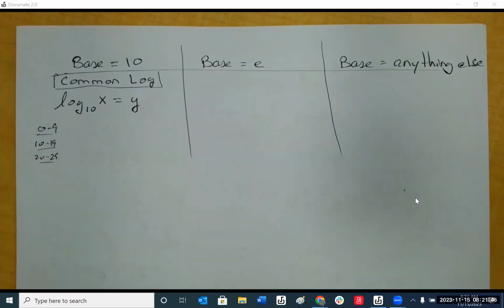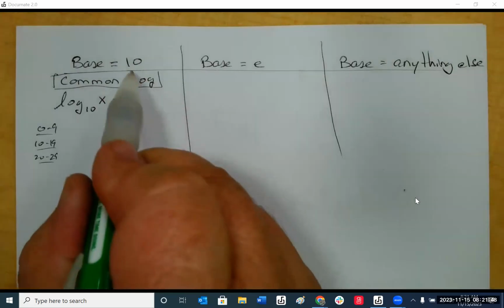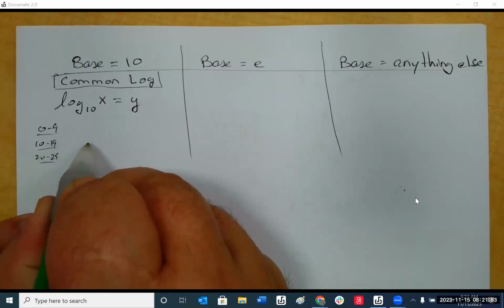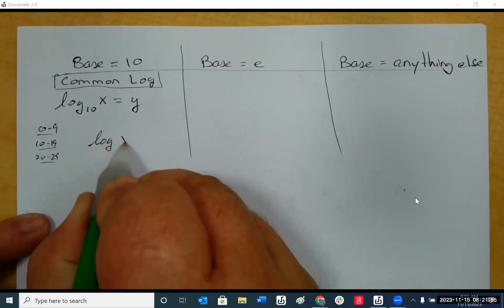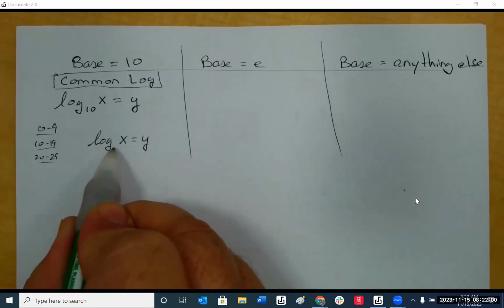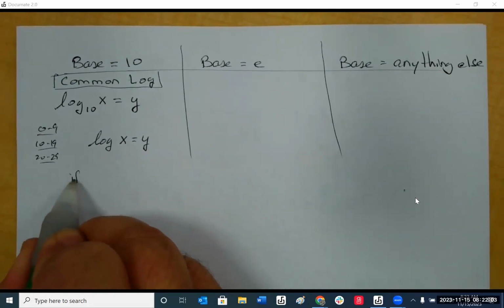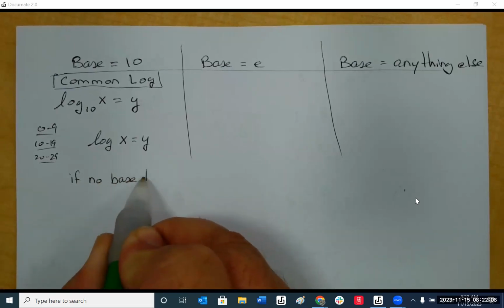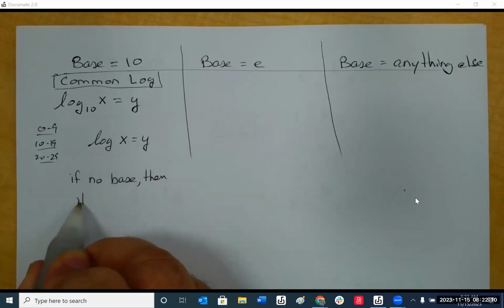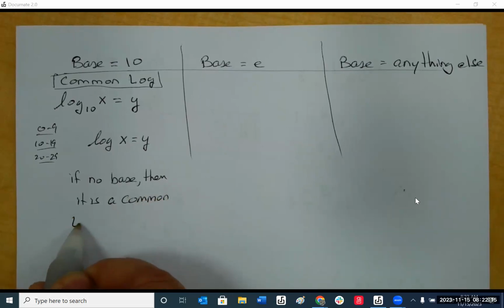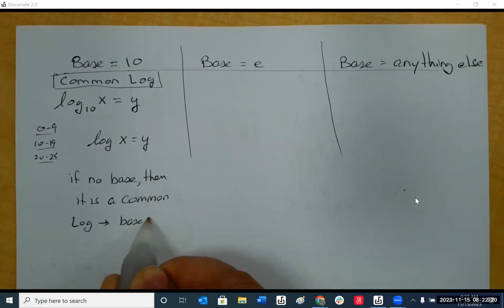We have 10 fingers, so we count that way. So whenever it's base 10, it's a common log. So instead of writing base 10, we simply write log of x. In other words, if there's no base, then it is a common log, and it's automatically base 10.